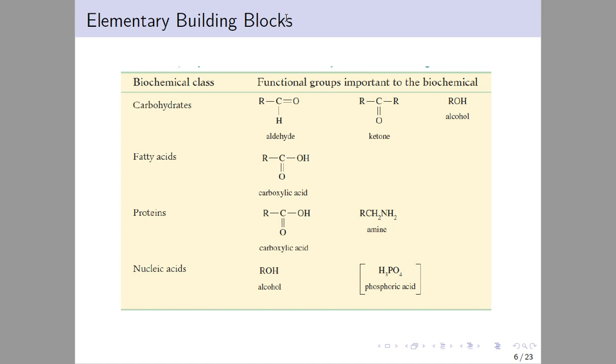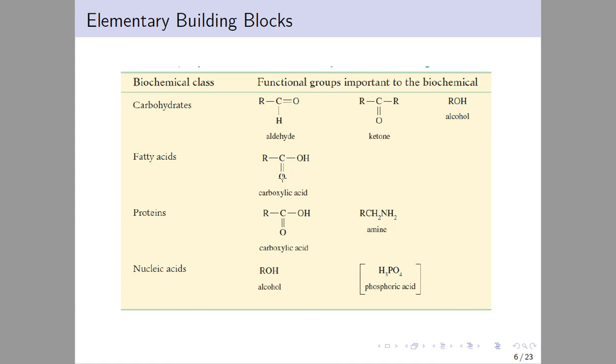For carbohydrate, we have aldehyde CHO, ketone C double bond O, and ROH alcohol. Next we have the fatty acid, C double bond O plus OH, so we have this carboxylic acid.